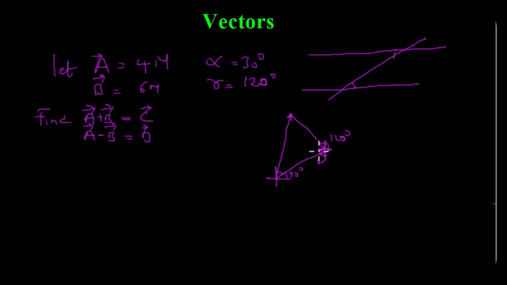The remaining angle on my pure horizontal line would be 60. How do I get 60? 180 minus 120, and that gives us 60 degrees, isn't it?